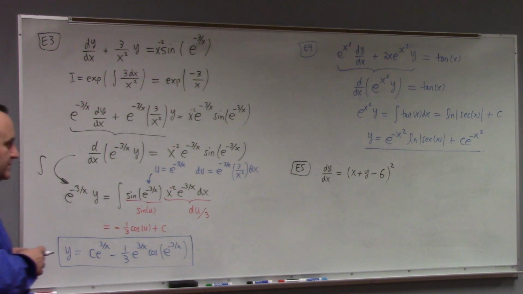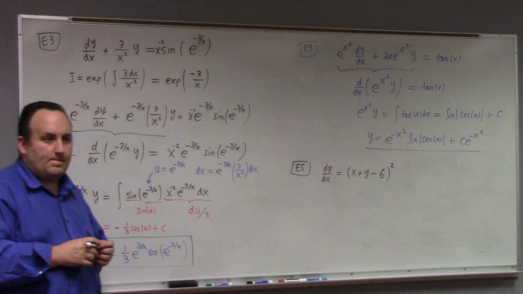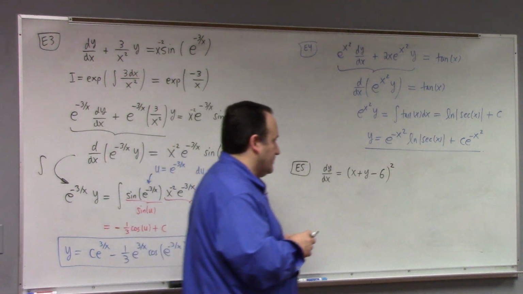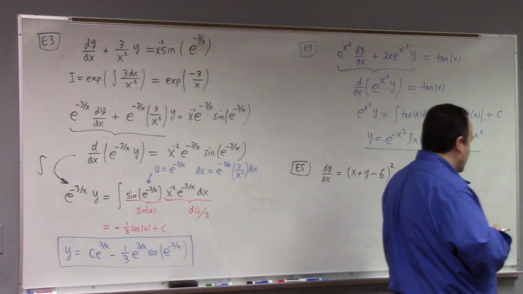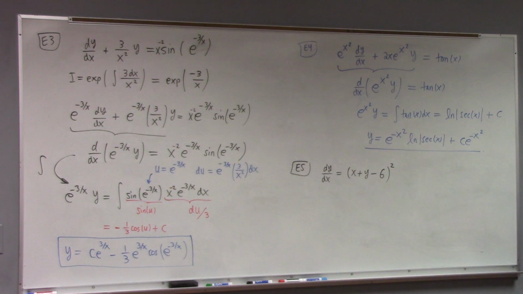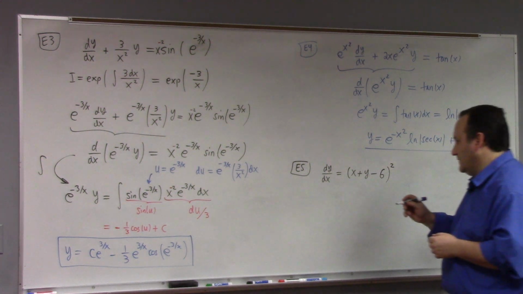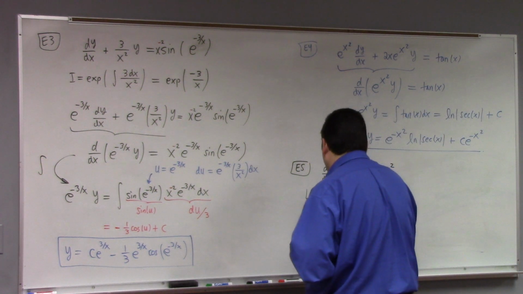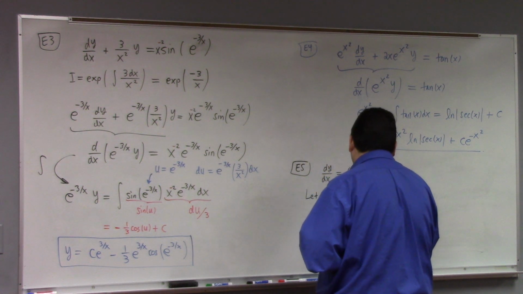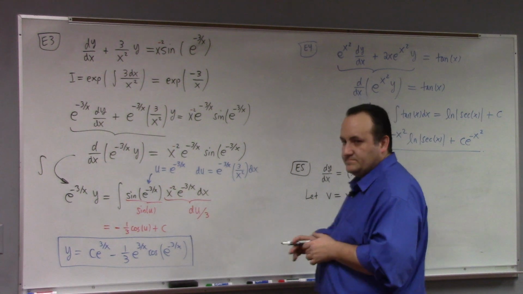So what do you think? How will we bend this problem to our will? How about this? Let's let v equal x plus y minus 6.